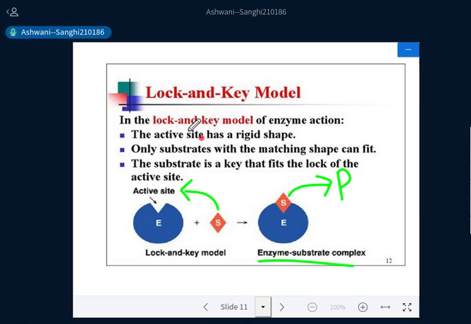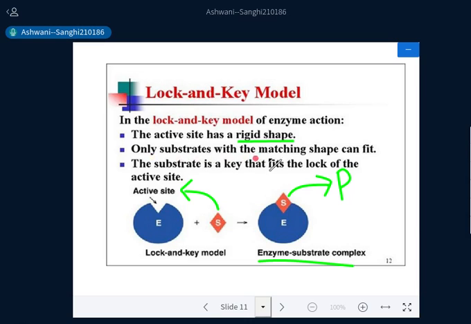According to the lock and key model, the active site has a rigid shape, meaning solid in shape or not changeable.